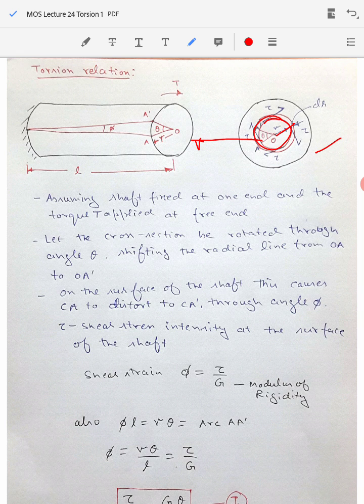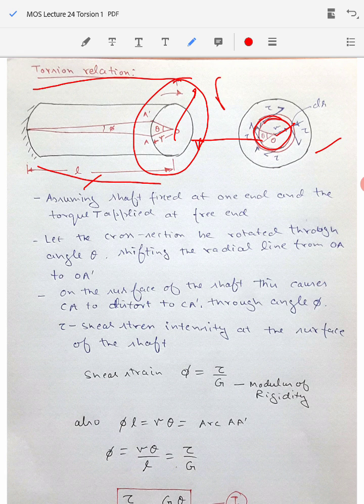The length of the shaft is L, and we are taking a surface of the shaft at a small radius r from the center. The shaft is bigger here, so the total radius of the shaft may be capital R. So we are taking a surface which is inside the shaft, which is at the radius small r from the center. So this is the figure for that.